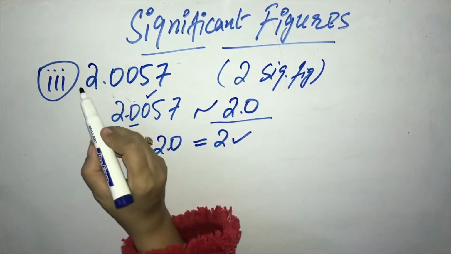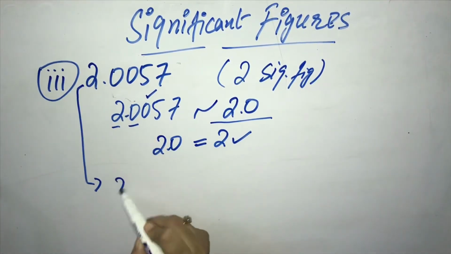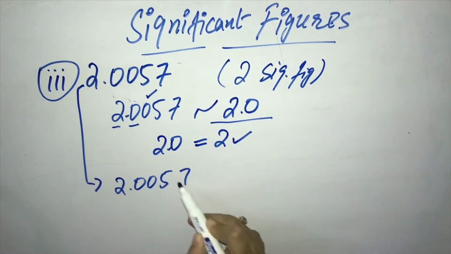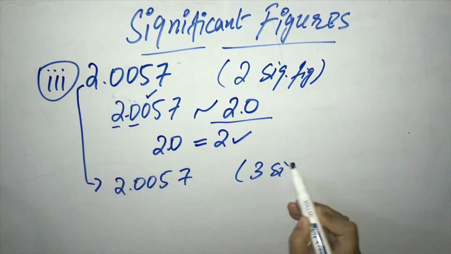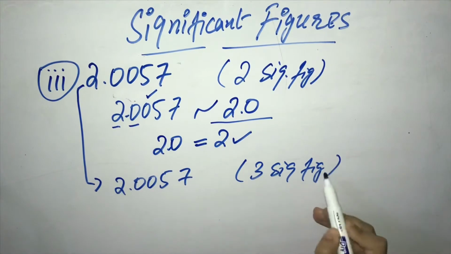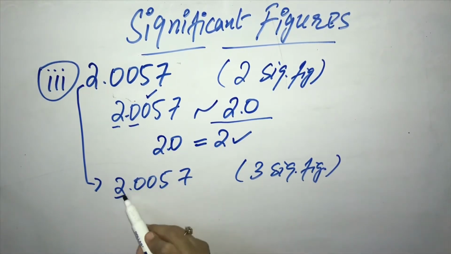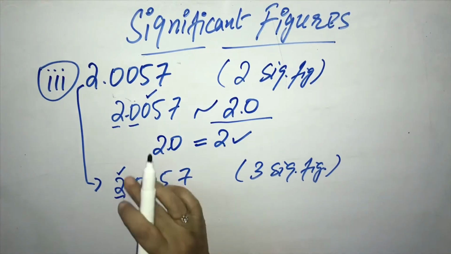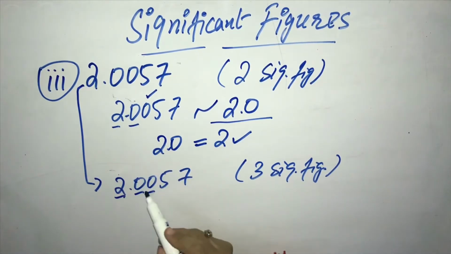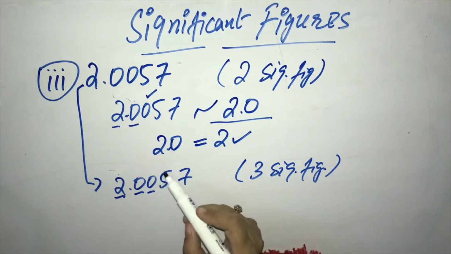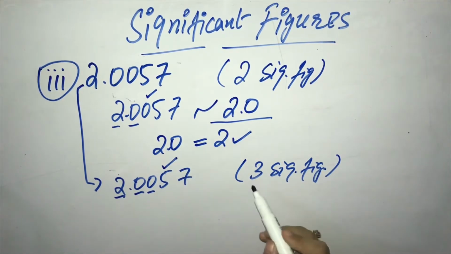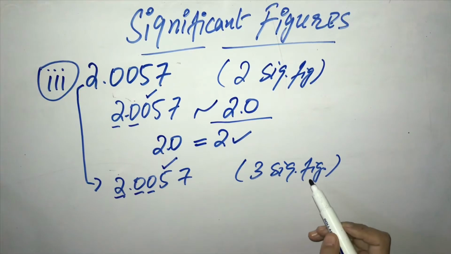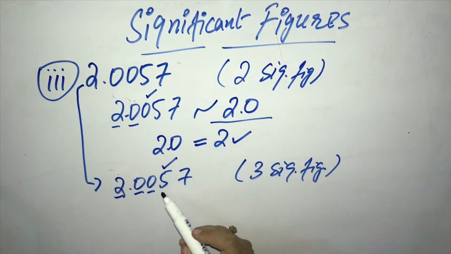Similarly, if I have to convert this number correct to three significant figures, I shall select the first three numbers. This is non-zero, so I shall select it as the first significant figure, and the two zeros which are sandwiched between the non-zero numbers are also taken as significant figures. My answer should have three significant figures, so I have to select the fourth number.